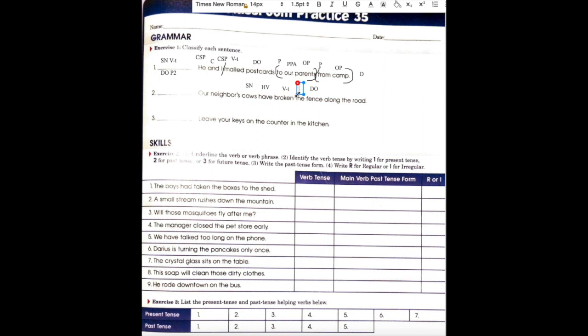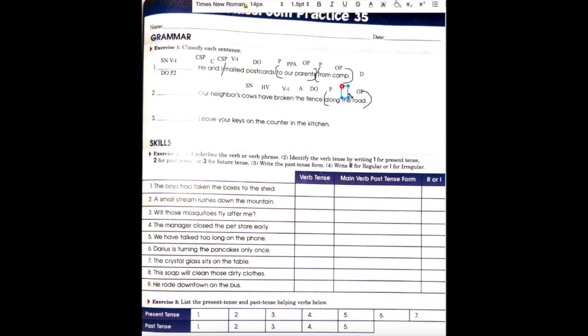The, of course, is an article adjective. Along is a preposition. So that means we have a prepositional phrase here. Along the road is our prepositional phrase. Road is the word that comes at the end of the prepositional phrase, and it's of course a noun. So it's the object of the preposition.